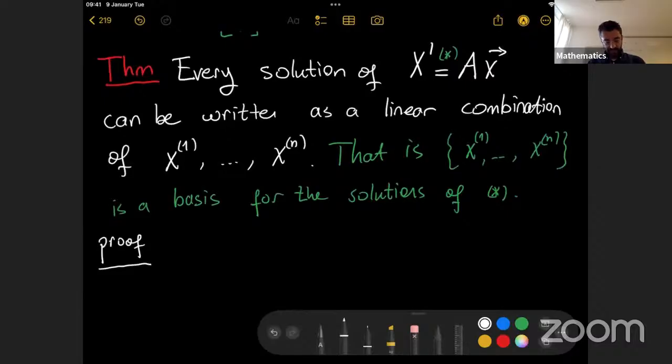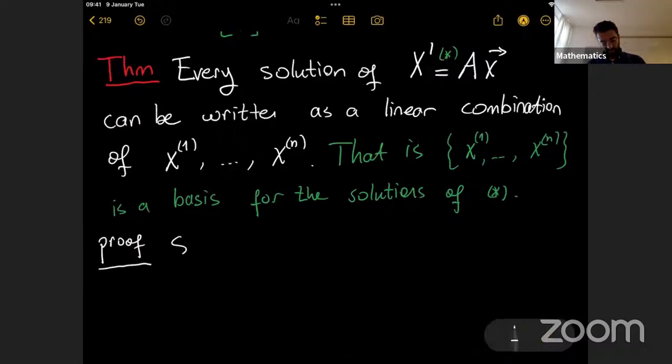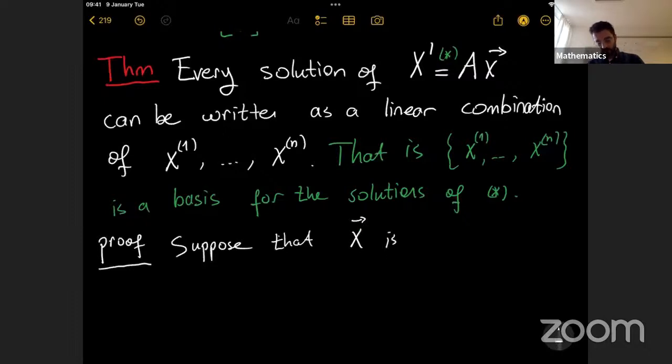So we will take an arbitrary solution and we will write that solution in terms of these solutions. So suppose that x is a vector function and is a solution to star.